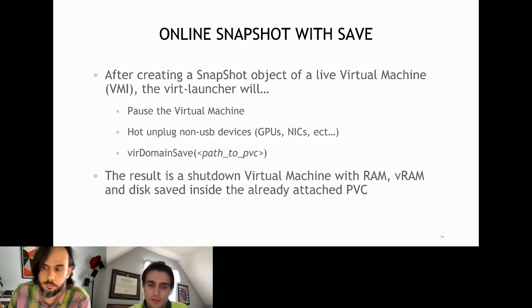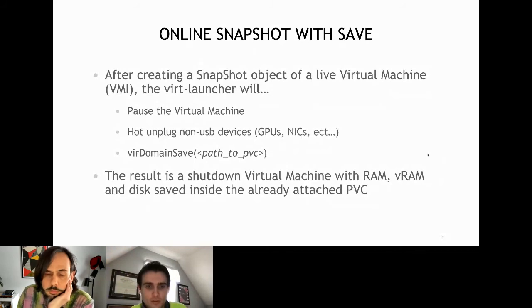That's important because this is essentially like an offline migration, a virtual machine migration, so it runs the same code path. The non-USB devices will need to be unplugged, and then we execute a save to a location on the PVC. The result is that we save RAM, VRAM, and disk, and they all end up in the PVC. Next slide, please.